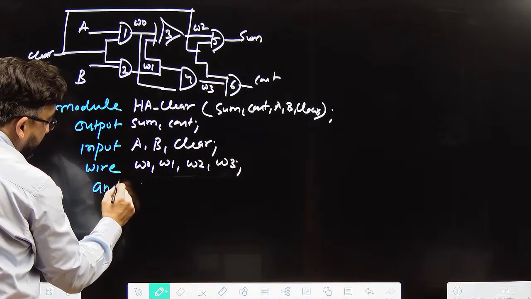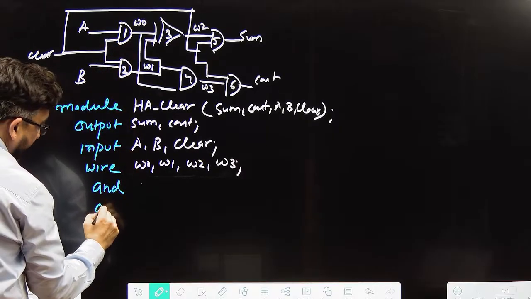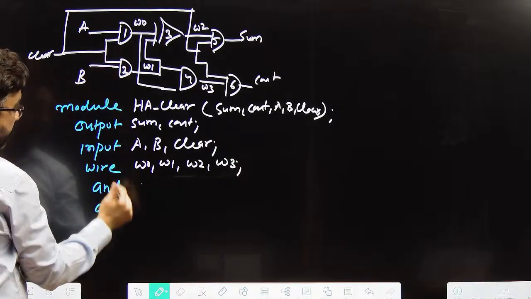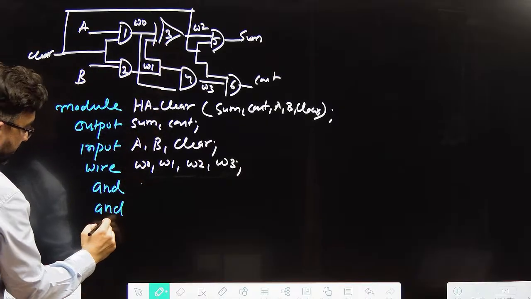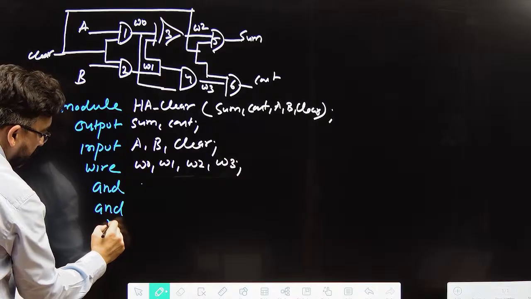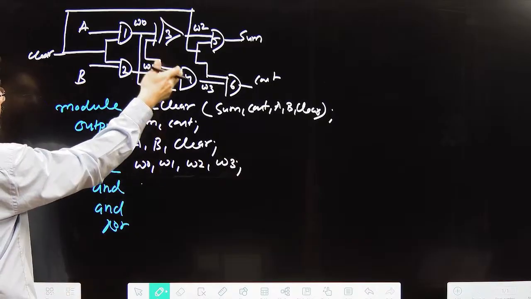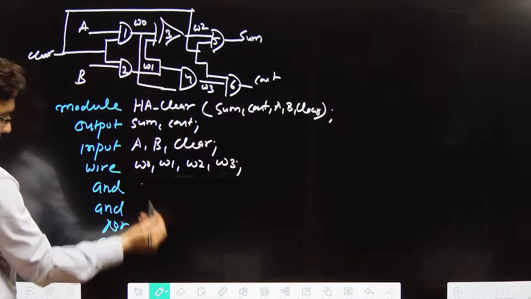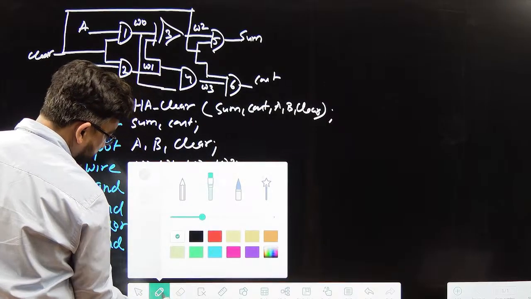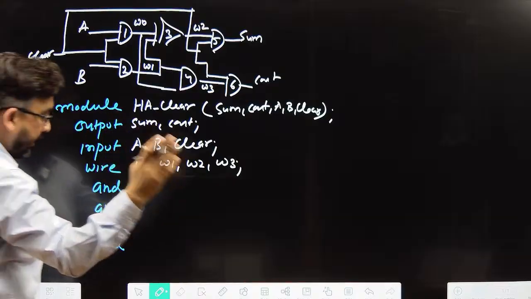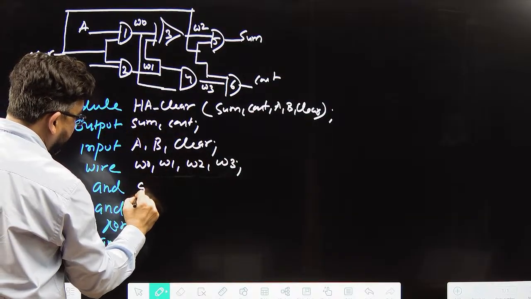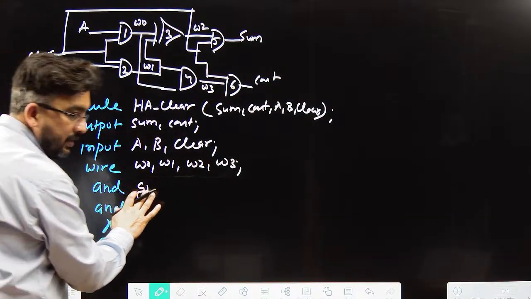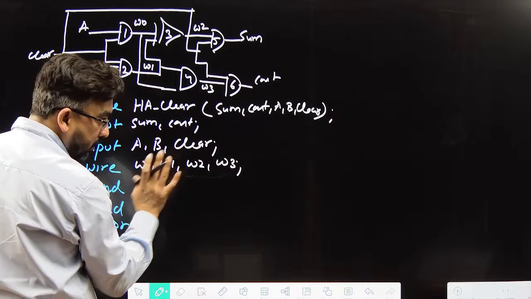This is my AND, this is my AND2, this is my XOR, and this is my AND. So this is my G1, means gate 1.